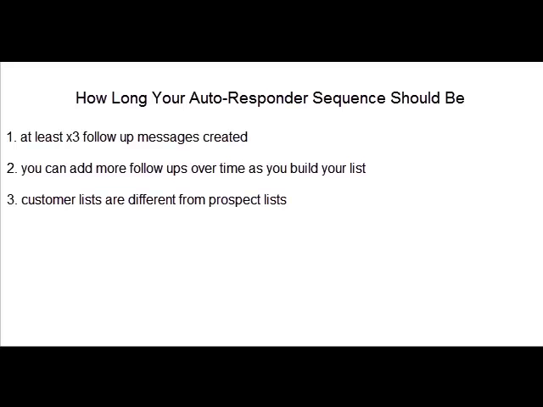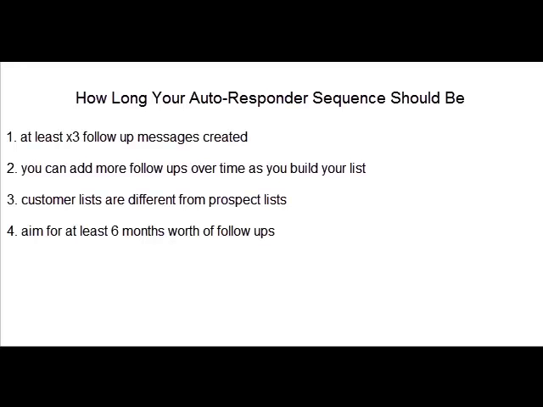Now tip number 4 is you should aim for at least 6 months worth of follow-up messages. So this entire video we're only focusing on the prospect list. This is not for your customers, this is just for your prospects.